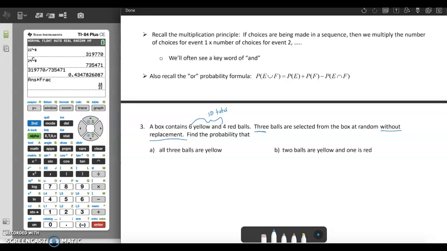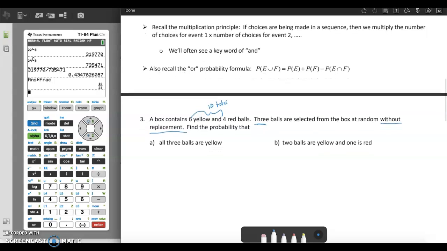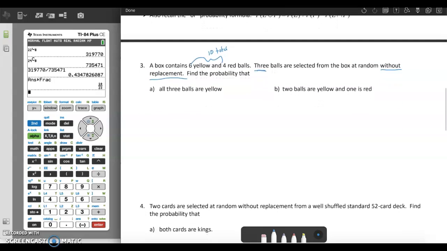Okay, so the first question says, what's the probability that all 3 of the balls are yellow? This one's fairly straightforward, like the ones we have been doing with combinations. We want to specifically choose 3 yellows out of the total idea of just choosing any 3.